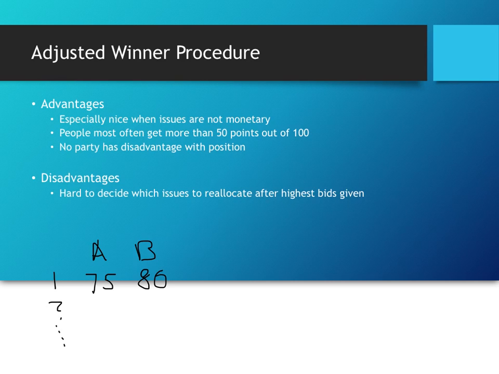All of a sudden, this issue number 1 is really, really valuable to both players. And if you give it to person B, then person A can only get up to 25% of the points they spent. So this is really nice, but oftentimes it's nice only when none of the issues is going to be over 50% for both people.